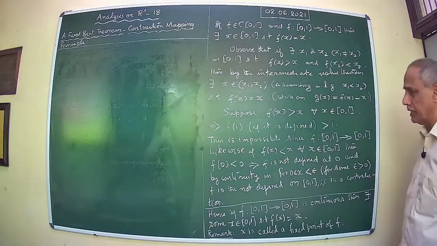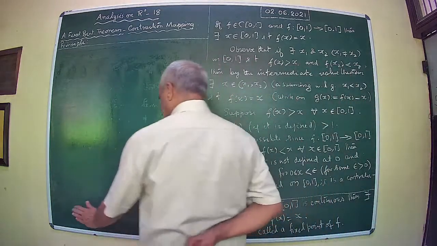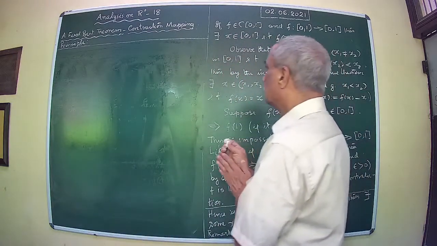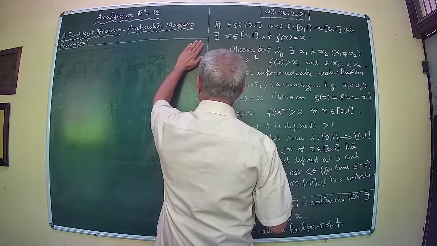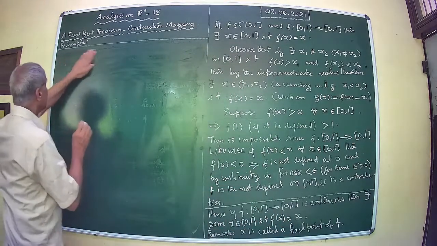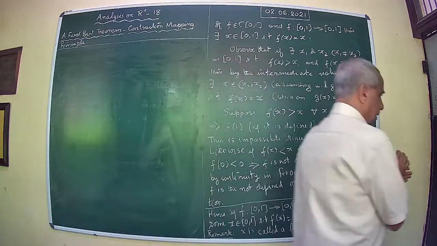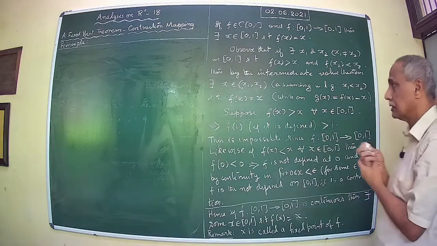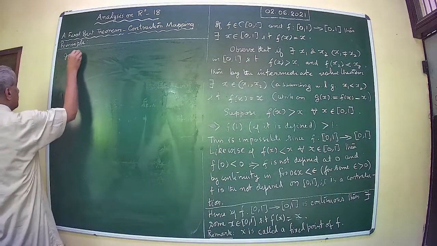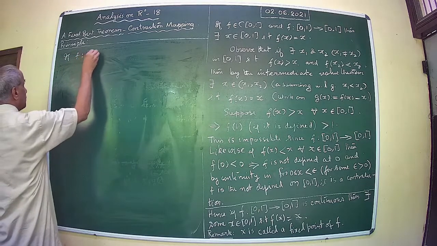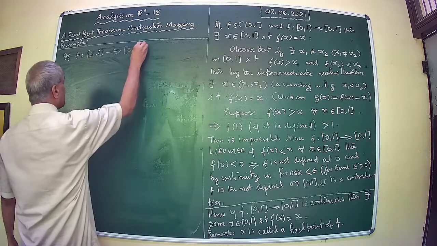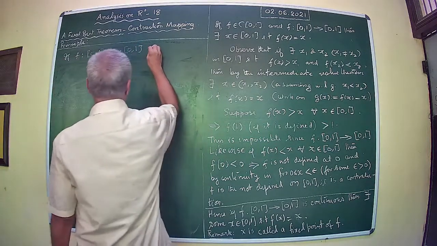So what you are proving is that given f continuous from [0,1] to [0,1], there exists a fixed point.